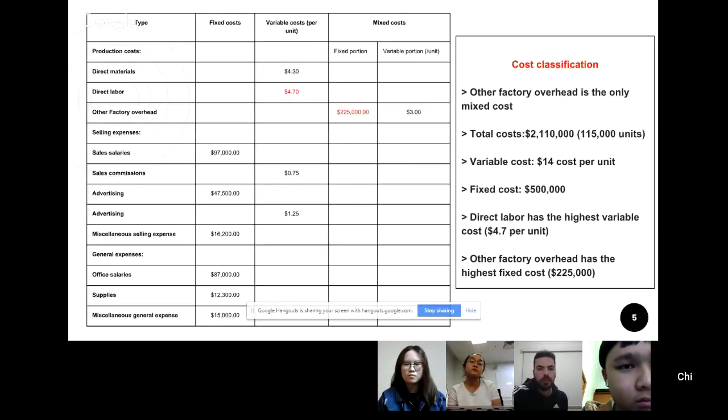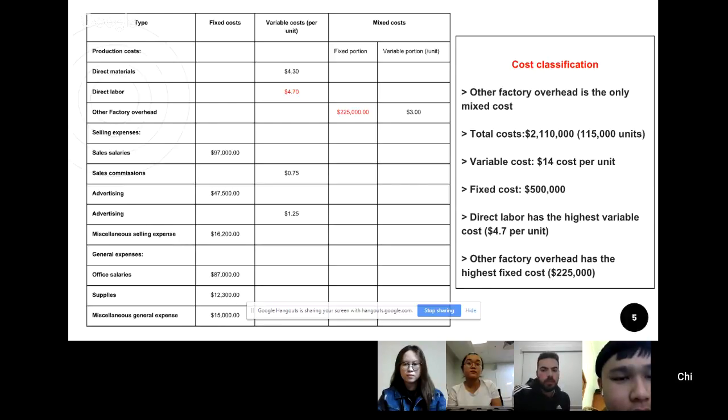With our variable costs, we have direct materials, direct labor, sales commissions, and advertising. In our mixed costs, we have other factory overhead, which is the only mixed cost on our table.